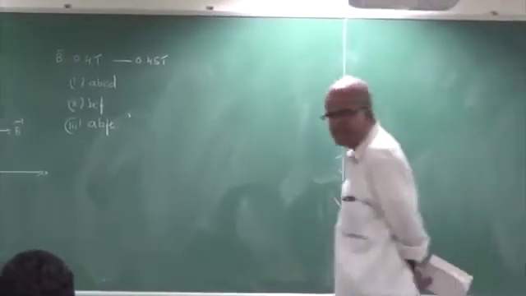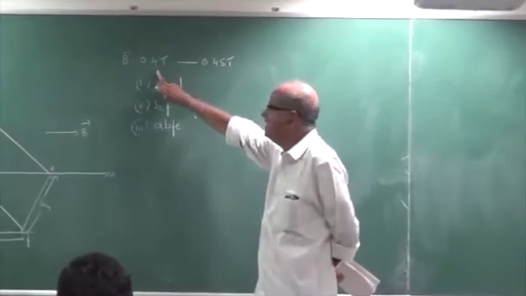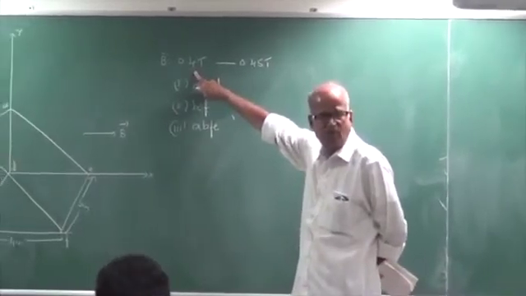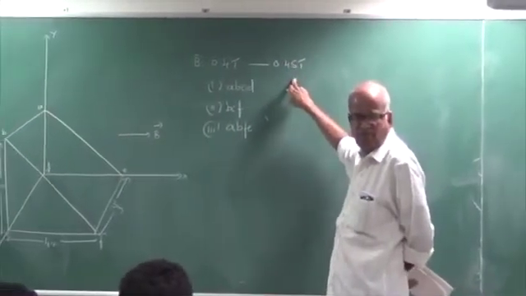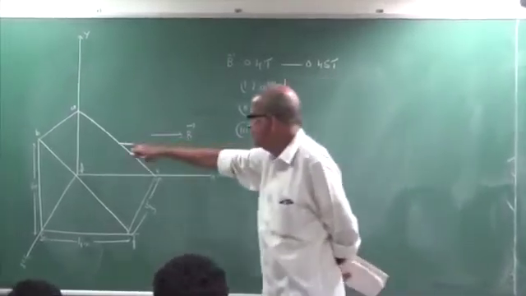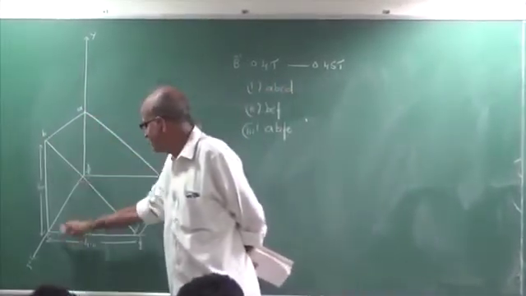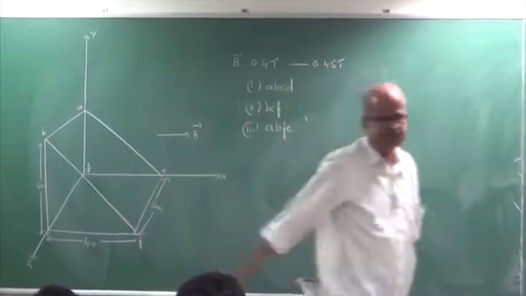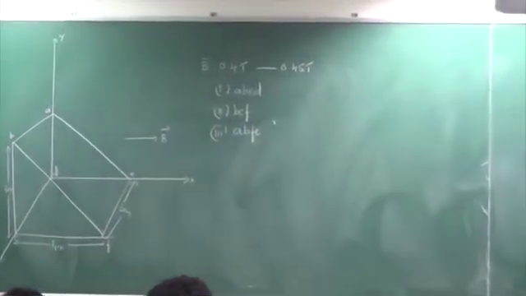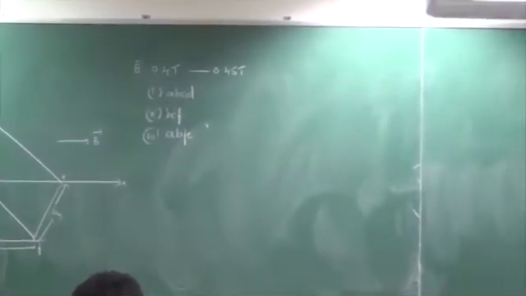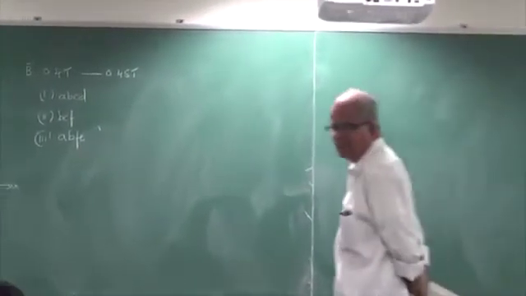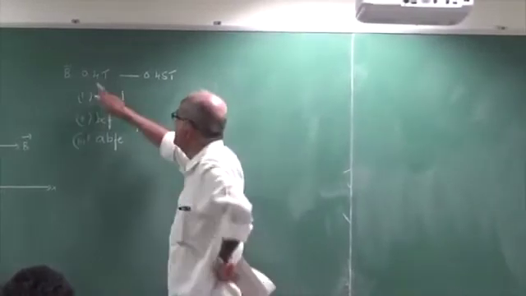What is the change in the flux through the face A, B, C, D when the field increases from 0.4 Tesla to 0.45 Tesla? How do you find it? First, find the initial flux when the field is this much.